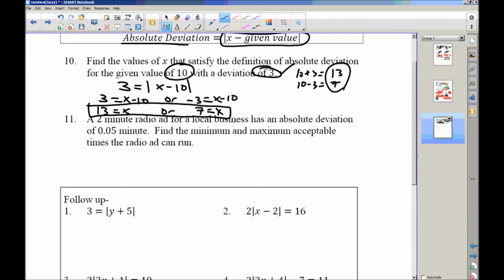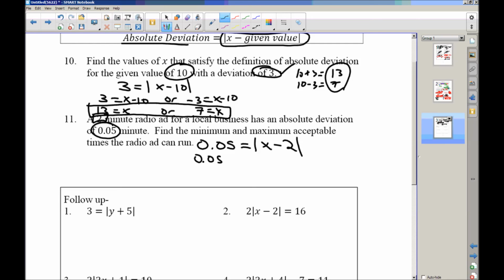Okay, so this says, all right, the absolute deviation is 0.05. Notice all of these are in terms of minutes, so we can write an equation with them without having to change any units. And over here we say x minus our given value. The given value is a 2-minute advertisement. Okay, so we solve this equation. We split it into two parts.